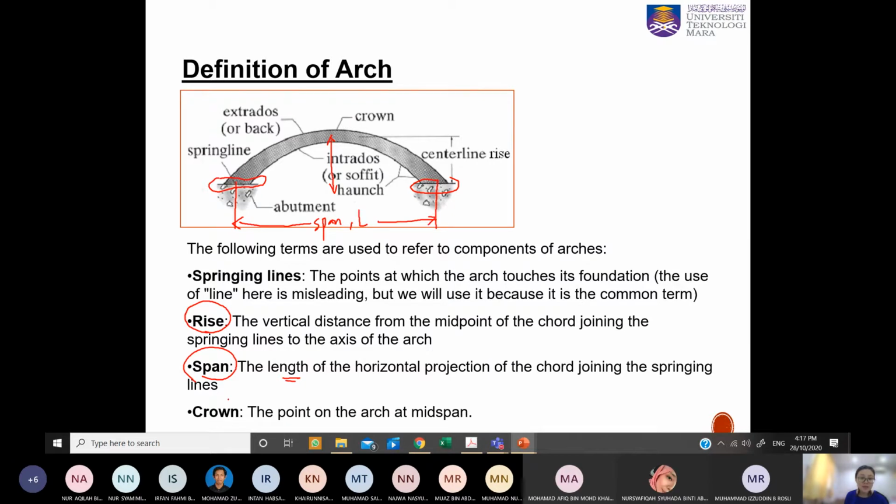And then the crown will be the point on the arch at midspan. So this will be the top, the highest point of the arch.